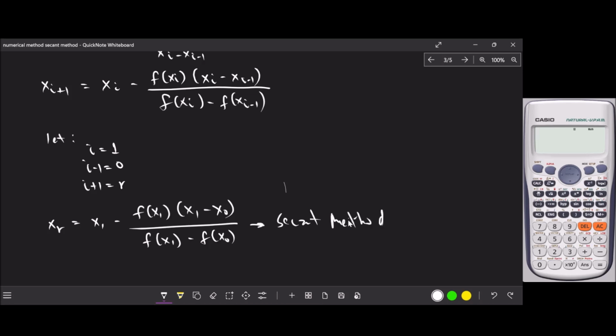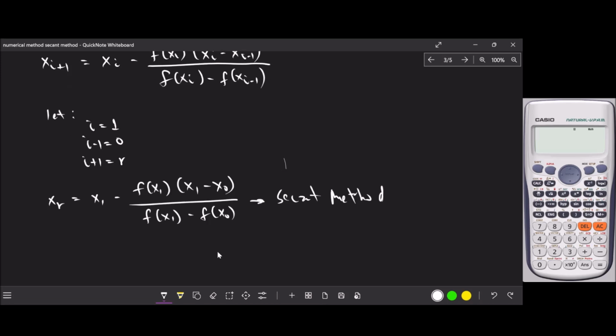From the formula itself, we know that in order for it to be used, we must have two initial guesses, designated as x0 and x1. From these, we solve for f of x0 and f of x1, then substitute them into the formula.